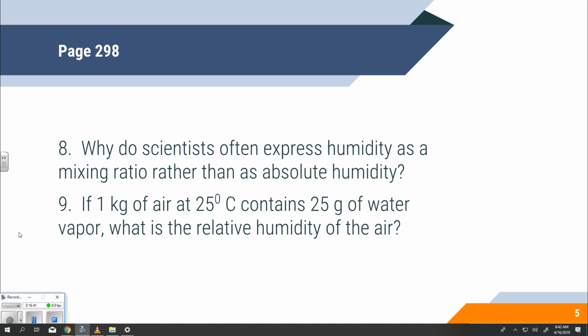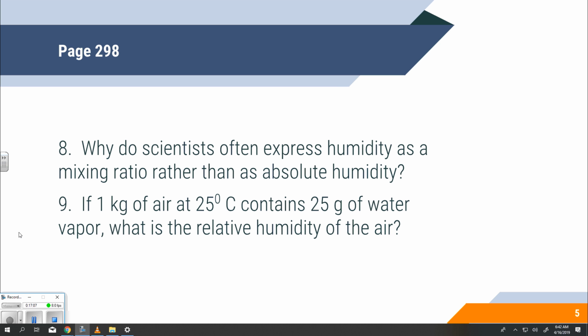Absolute humidity depends on the volume of air. When the temperature or pressure of air changes, its volume can also change. Its mass, however, does not change. Therefore, meteorologists prefer to express the moisture in air by using the mixing ratio.